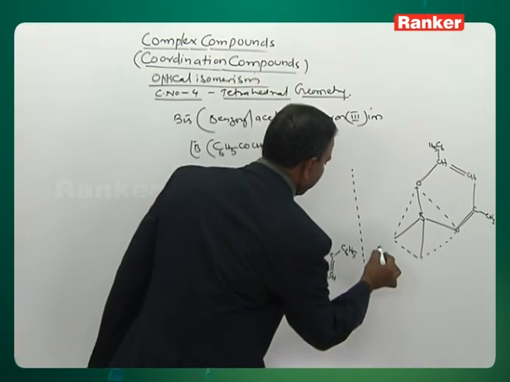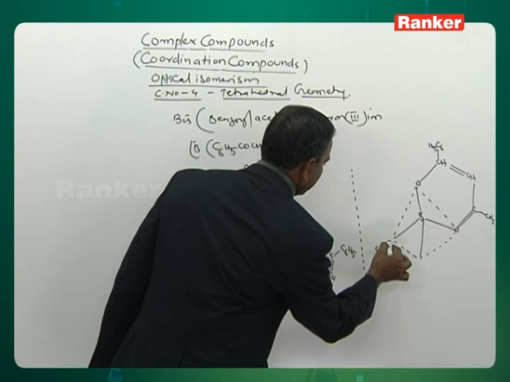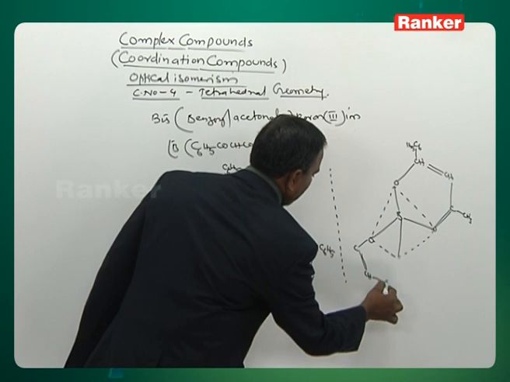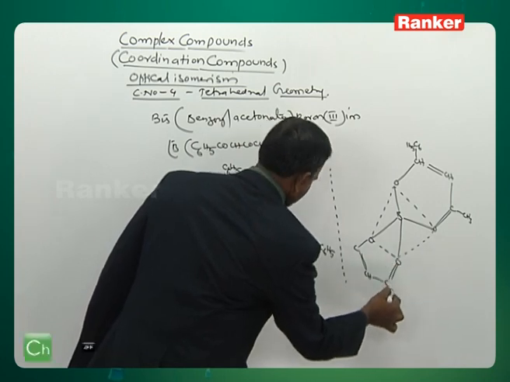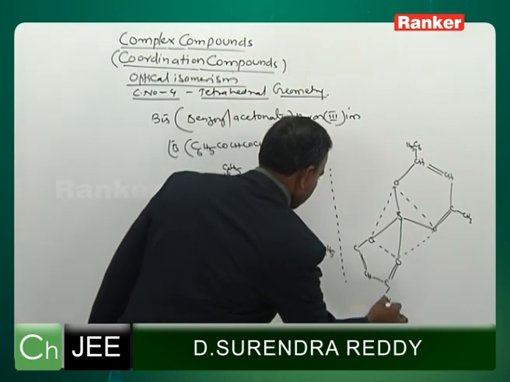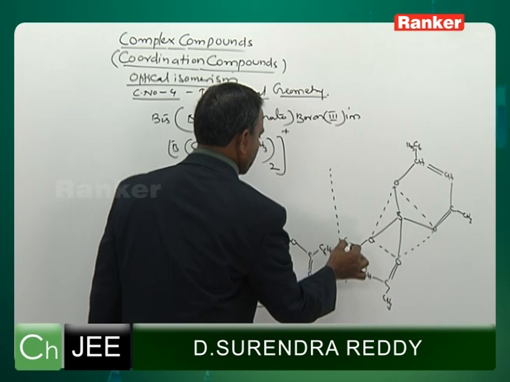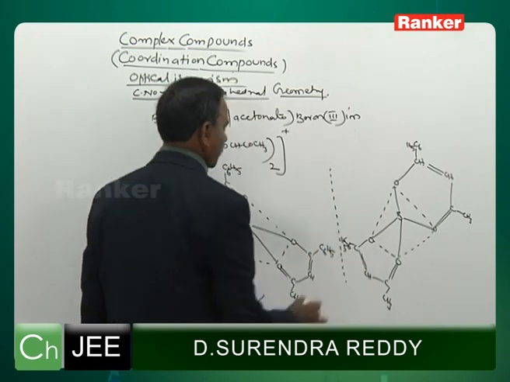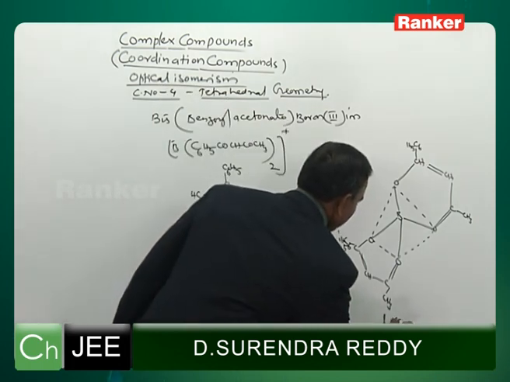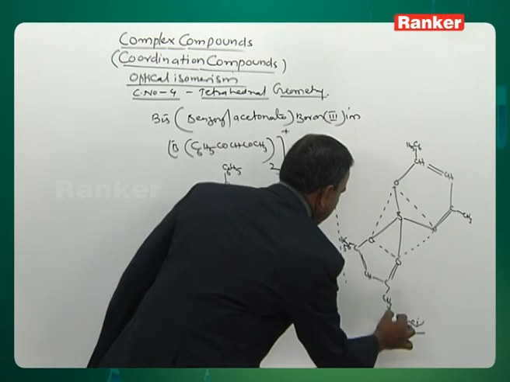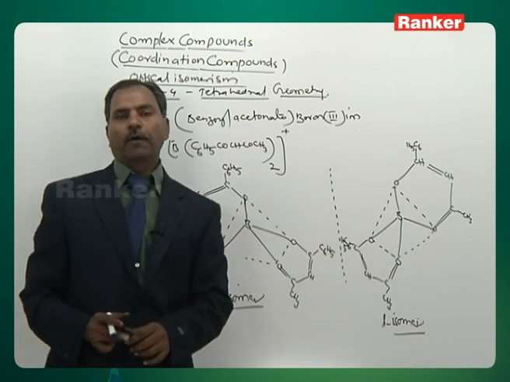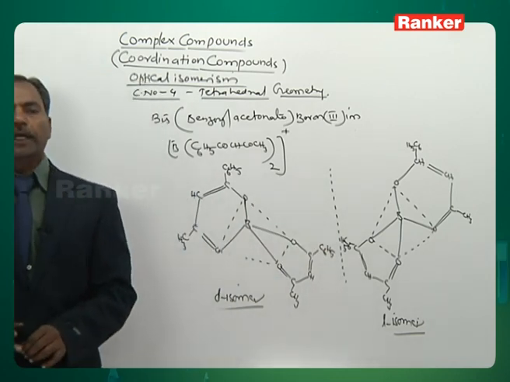This one is now C single bond, CH double bond, single, doubly bonded, and CH3, CH3, and this one is C6H5. Then you can say this is the D isomer and this is the L isomer.